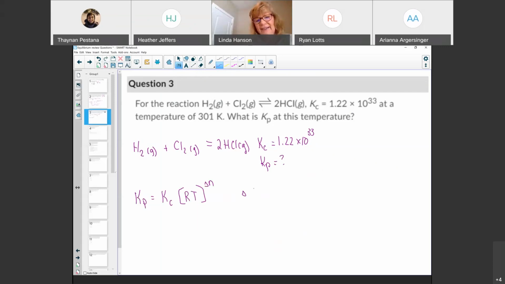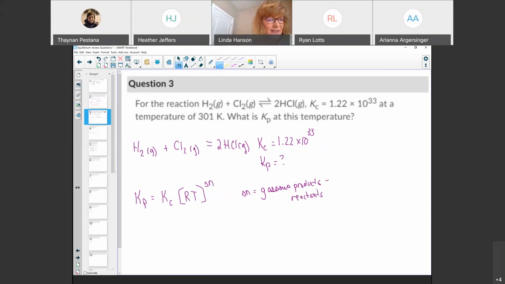Remember that delta N is defined as the gaseous products minus reactants in the gaseous phase only, because Kp is specifically for pressures of gases.